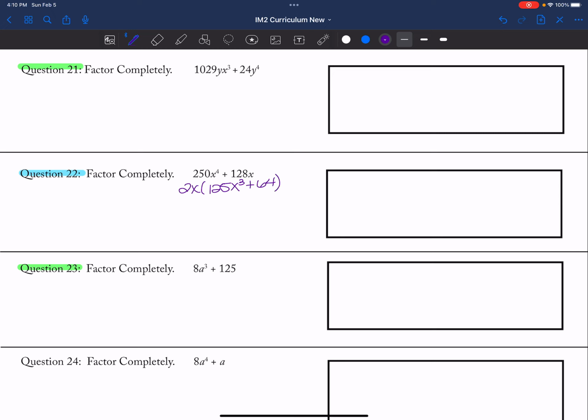And what I leave on the inside would be a perfect cube. So 2x on the outside, 5x plus 4, that would be 25x squared plus AB will be 5x times 4, and then plus 16. So this gives me 2x, 5x plus 4, 25x squared plus 20x plus 16.